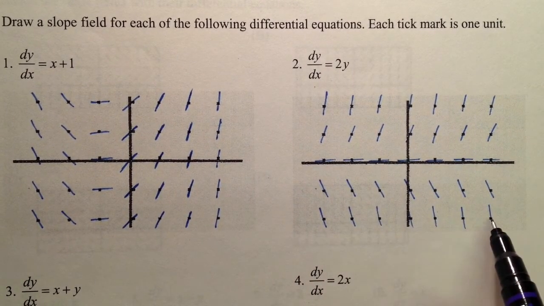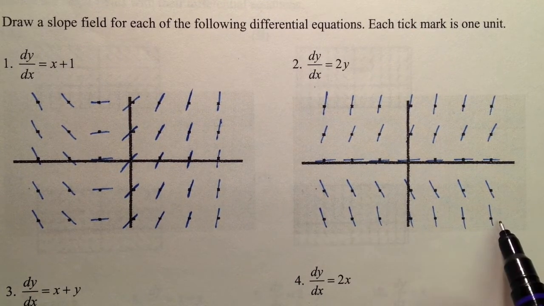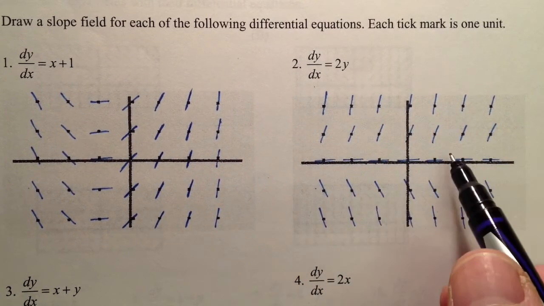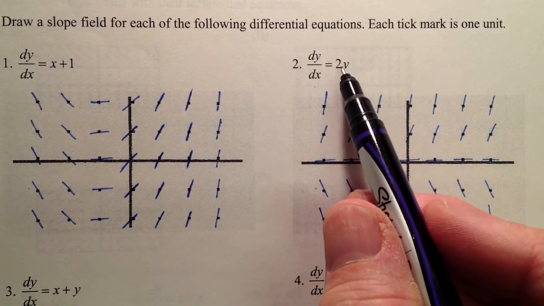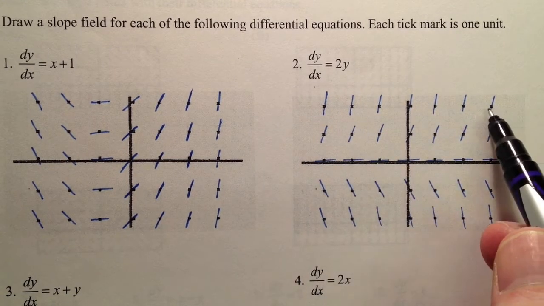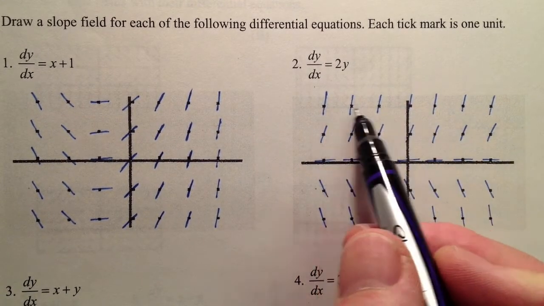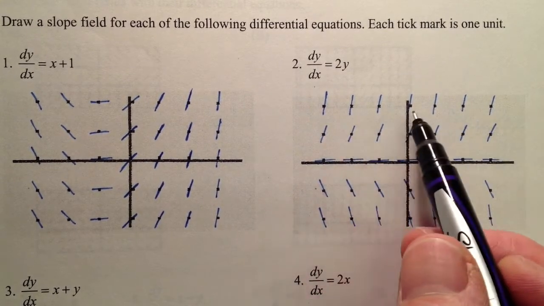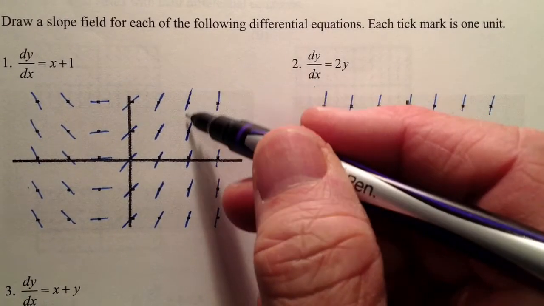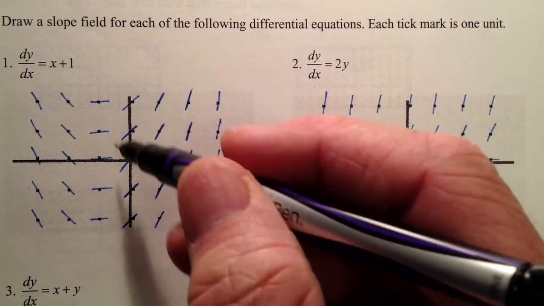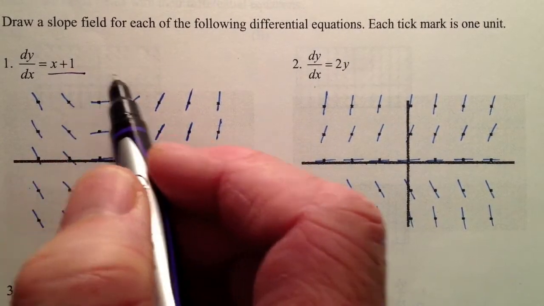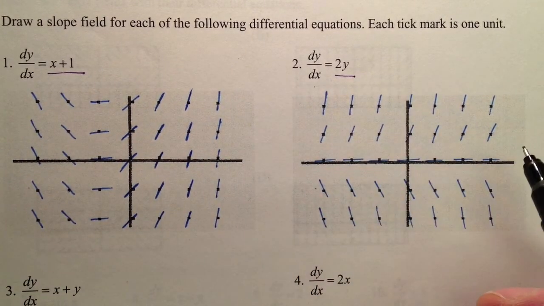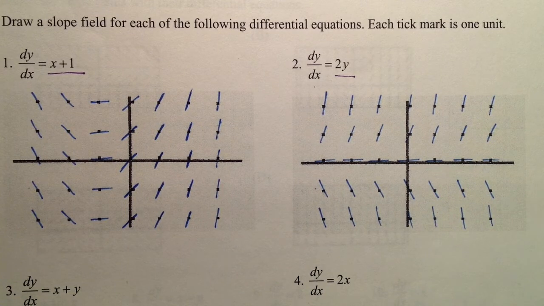So in other words, the slopes in this slope field depend only on y because they are independent of x. Independent of x meaning that the slopes are all the same in each row. Independent of y, the slopes are the same in each column. So you can see, the first one has only an x, dy/dx only depends on x, and dy/dx in number 2 only depends on y.